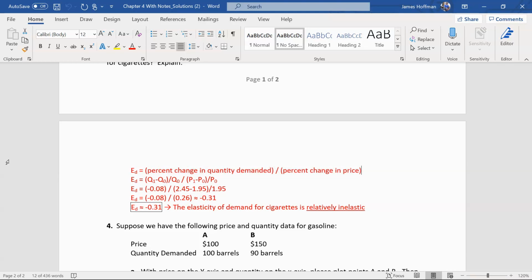We know that. And if you're going from one point to another, you can calculate the percent change as just the change over the original. So you can use this simple formula for all these calculations. Like Q1 is the new quantity and Q0 is the initial quantity.